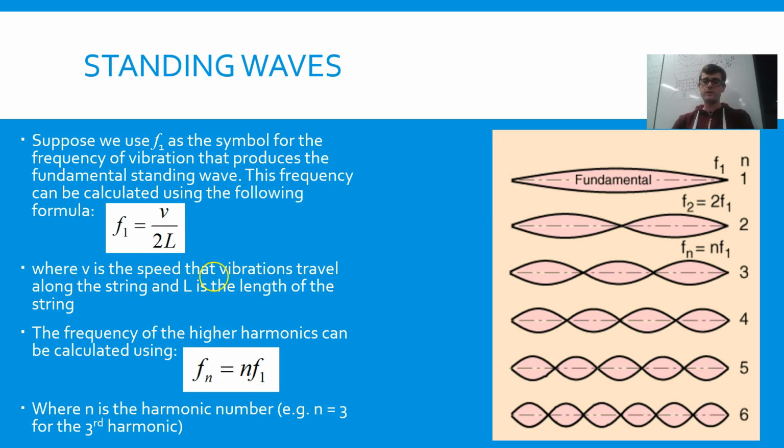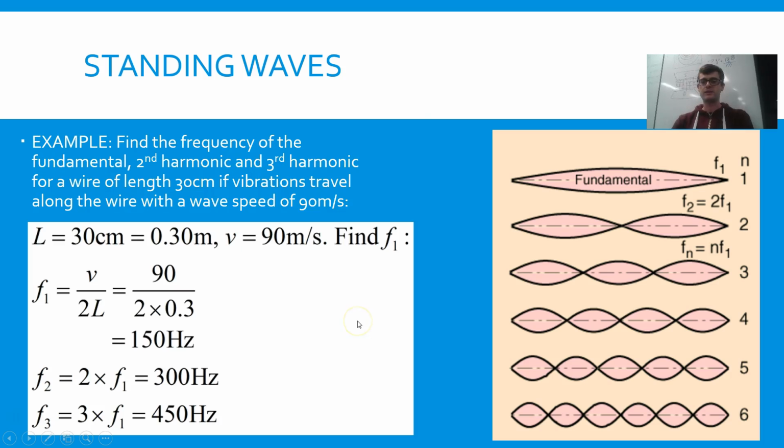So that gives you the frequency of the fundamental. If you want to get the higher harmonics, like the second harmonic, third harmonic, and so on, then you use this equation here: Fn equals n times F1, where n is the harmonic number. So if you were interested in doing the third harmonic, then n would equal 3. So you'd go 3 times F1 to get you the frequency of the third harmonic.